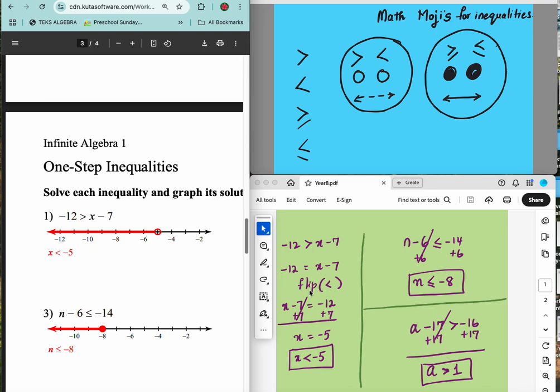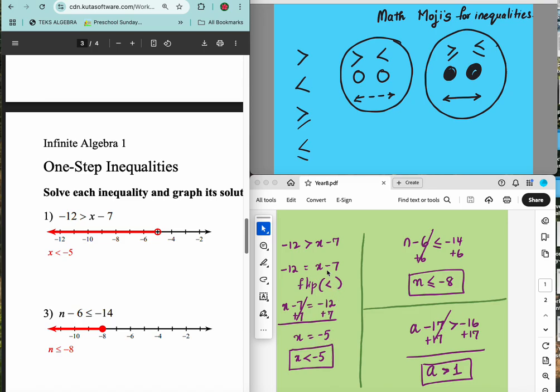So I flip, making the right-hand side become left and left become right-hand side. So this becomes x minus 7, at the moment treating it as an equation, equals negative 12. You solve it like a regular equation, so you end up with x is equal to negative 5.